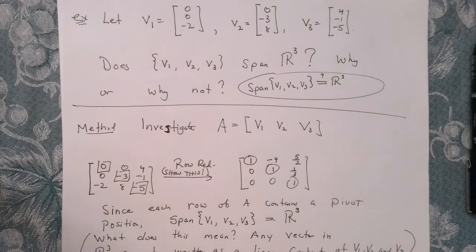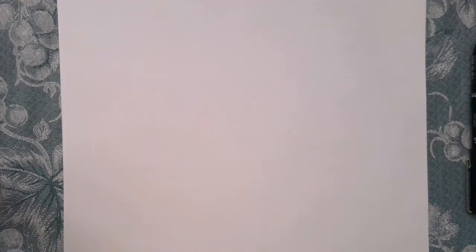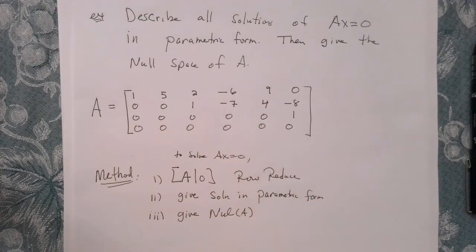Okay, so let's now do a problem involving the null space. Here we want to describe all the solutions of AX equals 0 in parametric form.